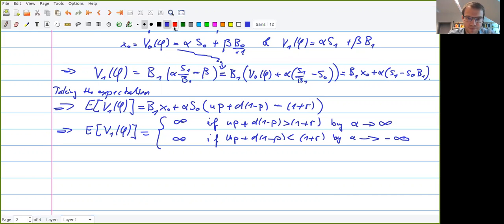And what you probably will agree with is that this behavior is unrealistic. Even if you're an investor and you believe that this is the right thing, you would not put all your money into the risky asset.